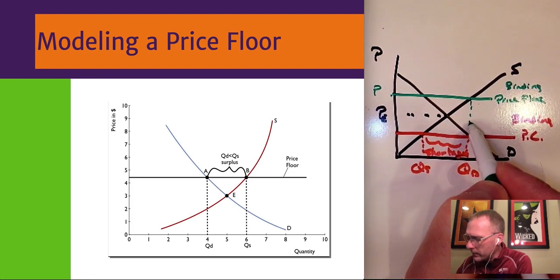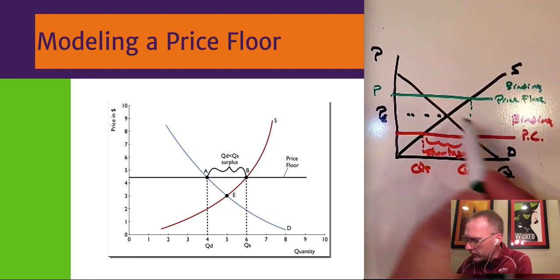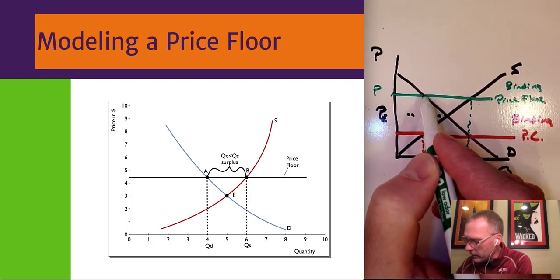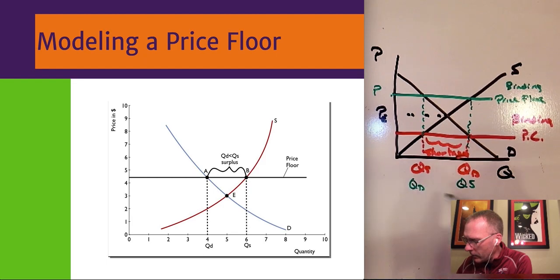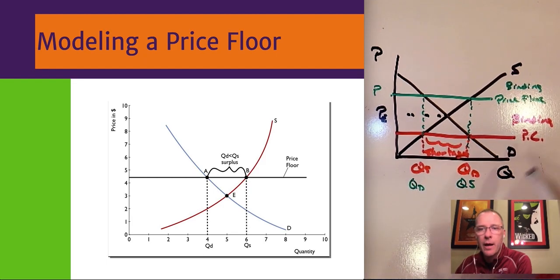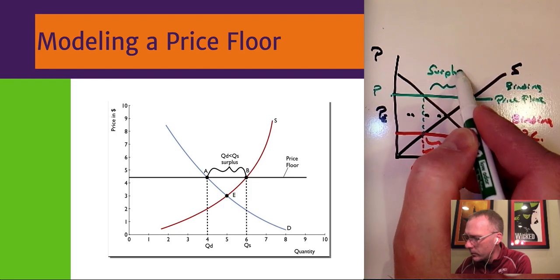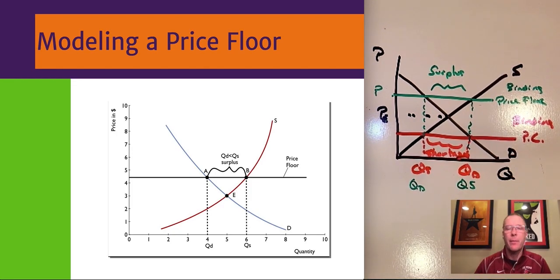My supplier's like this, right? So now I got quantity supplied here, but my demanders are like, I don't think so, don't like that there. So then what's going to happen? I'm going to end up with a surplus of those particular goods, right? Whatever that might be. Sometimes the government might buy up that surplus. Sometimes they do things. Farmers dumping milk, for example.